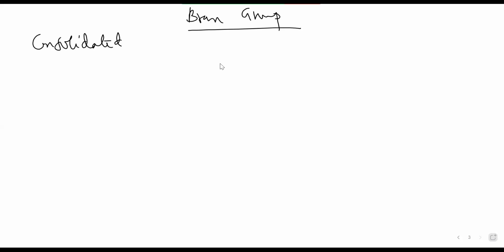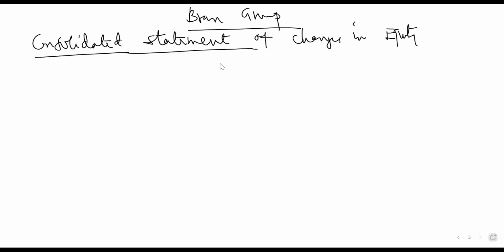So let me come here and have the Grain Group consolidated statements of changes in equity for the year ended. You also use the year there, but I'm not here to do this one.